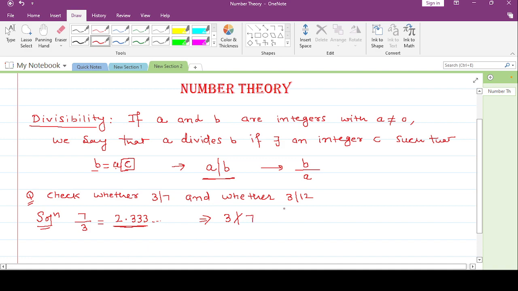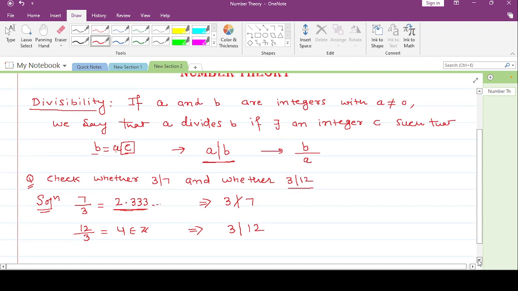Next we check whether 3 divides 12 or not. 12 by 3, the answer is 4, which is an integer. So we can say that 3 divides 12. Likewise, we solve one more question.